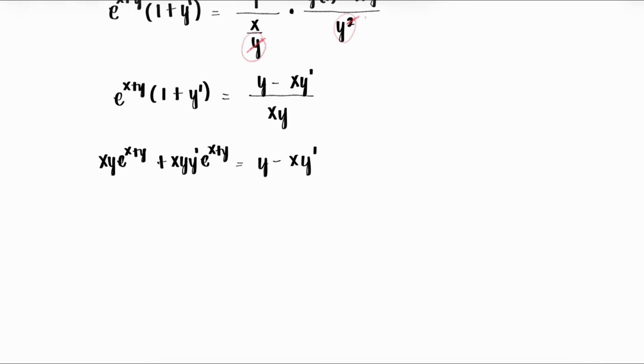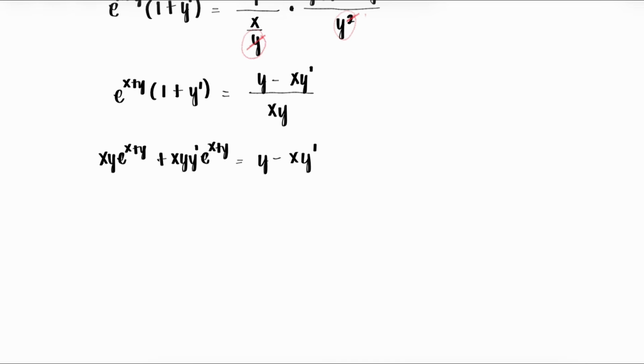And then we're going to transfer all the terms containing y prime to the left side. So this one we're going to transfer, and this one we're going to transfer to the other side. So we have xy y prime e to the power of x plus y.